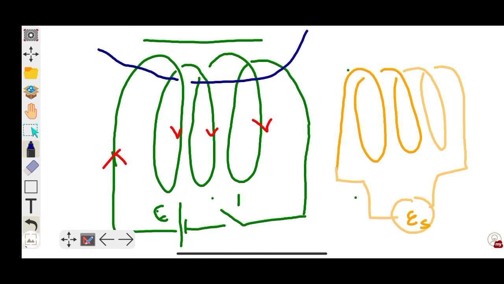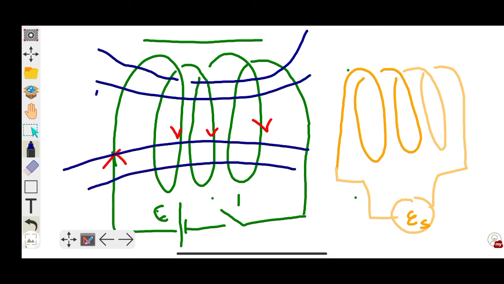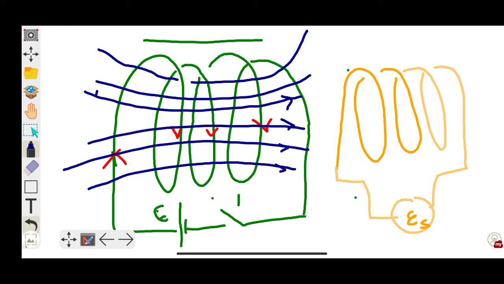Magnetic field, this, as you know, will be along this direction because the curl of fingers is this.